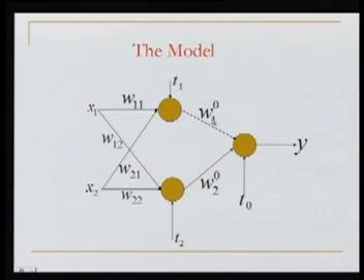Just for clarity, we have kept W10 and W20, and the bias weight has been kept as T0, that is, the input is 1 and the weight is T0 and the output is Y. Now you update the weights T0, W20 and W10 using the weight update algorithm for Wij, and T2, T1, W11, W12, W21, W22 you update using the weight update algorithm for Wjk.